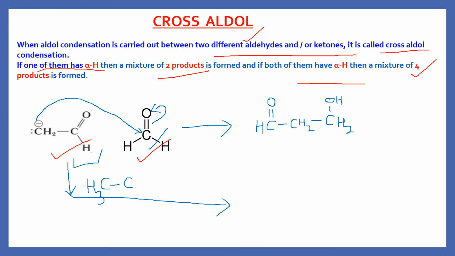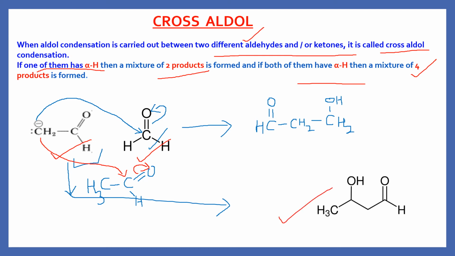So self aldol is also possible. I am showing it this way, and as explained earlier, this negative charged carbon is going to attach here. This will shift here, and it will give you this product, which is already discussed in this presentation. These are the 2 products, this cross aldol, and this is the result of self aldol.